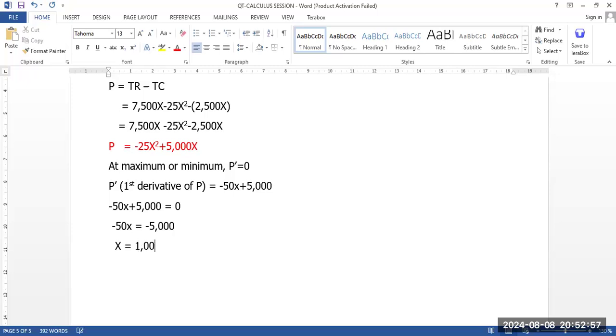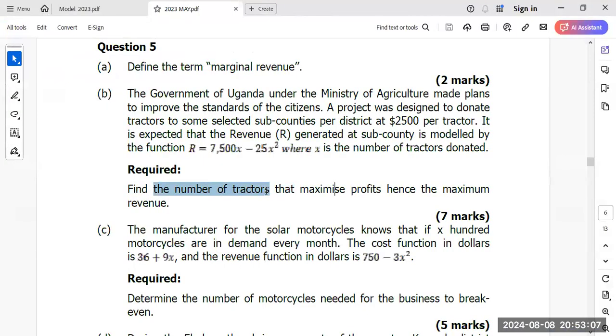That is 1,000. So it means that now you have the number of tractors that can maximize profits. The number of tractors that can maximize profits are 1,000 tractors.